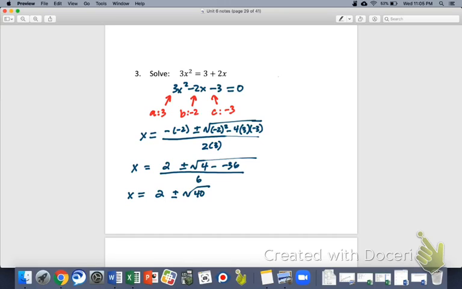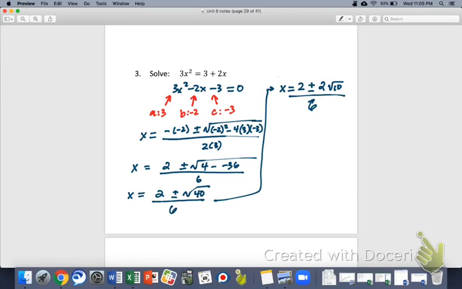40 all over 6. This is where this is a little different than the previous one, because you probably recognize that the square root of 40 can be simplified using your prime factors. So this would go to x equals 2 plus or minus 2 square roots of 10 all divided by 6.